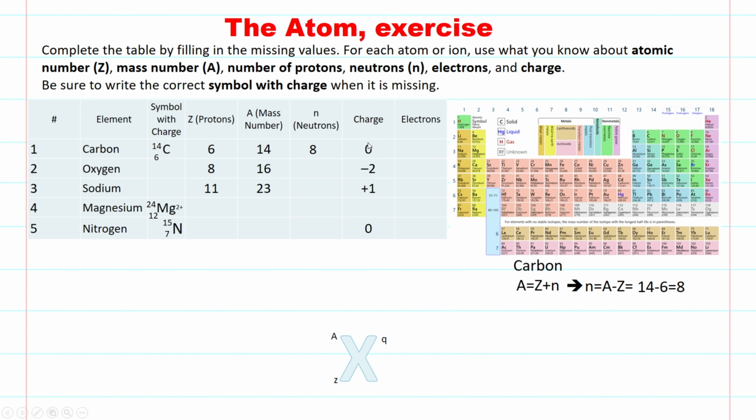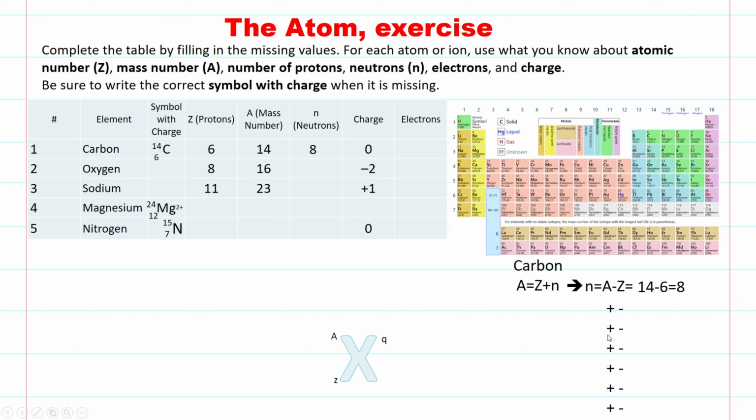The charge is 0, so it's a neutral atom, and the number of electrons equals the number of protons, which equals 6. Or I can look at it in another way. Protons represent positive charges and electrons represent negative charges.